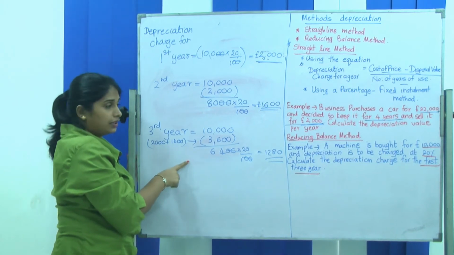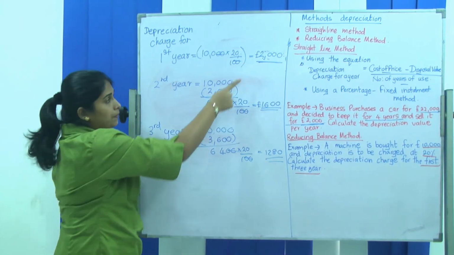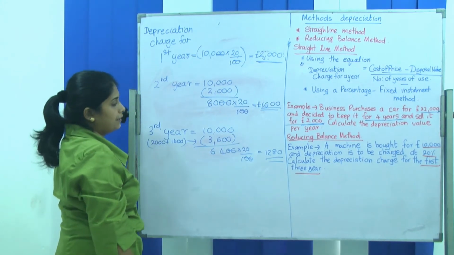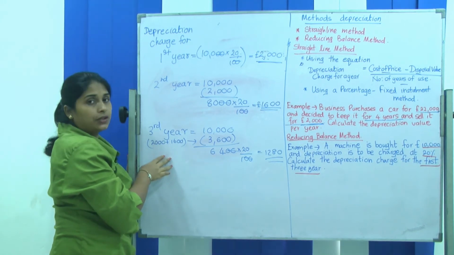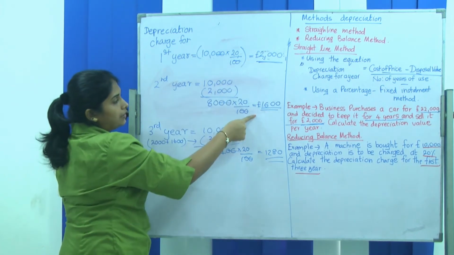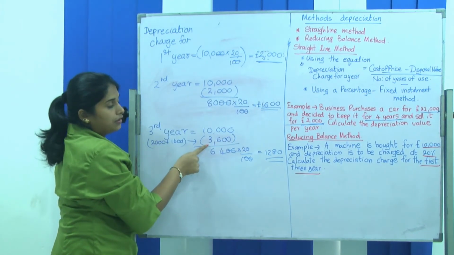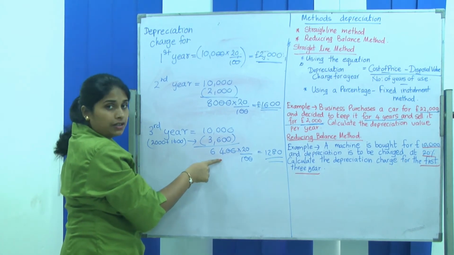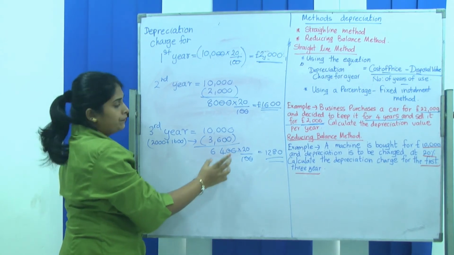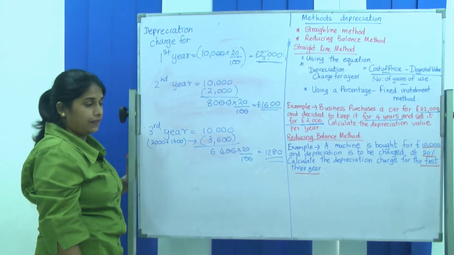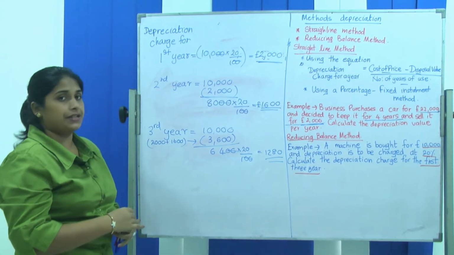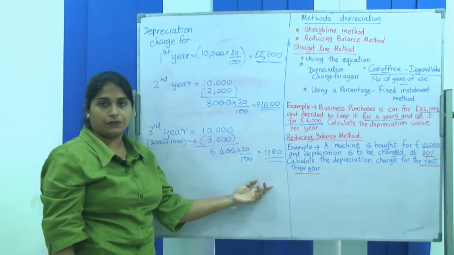When it comes to the third year, 2 years have been depreciated, altogether 3,600. So before you calculate the third year, from the 10,000 cost, subtract the previous years' 2,000 and 1,600, 3,600. Then you will get 6,400, which we call the net book value. For that net book value only you calculate the 20%. Then 1,280 will be the depreciation charge for the third year.